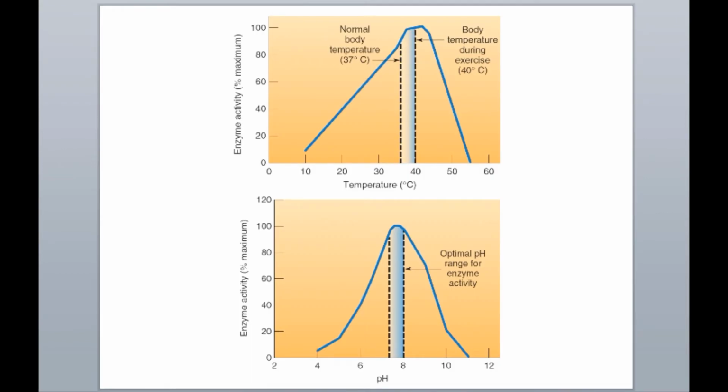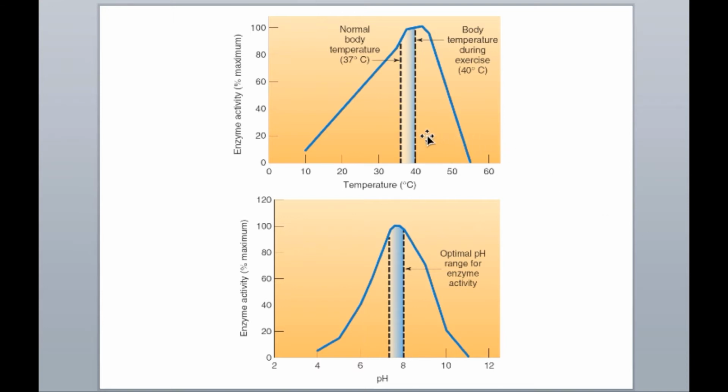All right, so a couple figures in your book that you do need to be aware of. Not only are the substrates and substrate availability important, but again, going back to the enzymes, they are really important in all of these processes. And a couple of things will affect the enzyme activity. One of them being body temperature. If the internal core body temperature is too cold, it will start to affect the enzyme activity. If it's too warm, it also affects it.